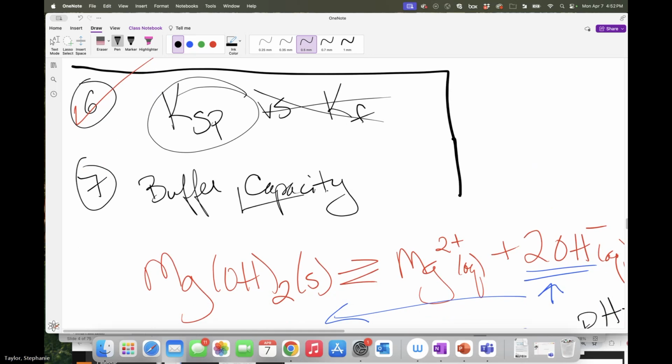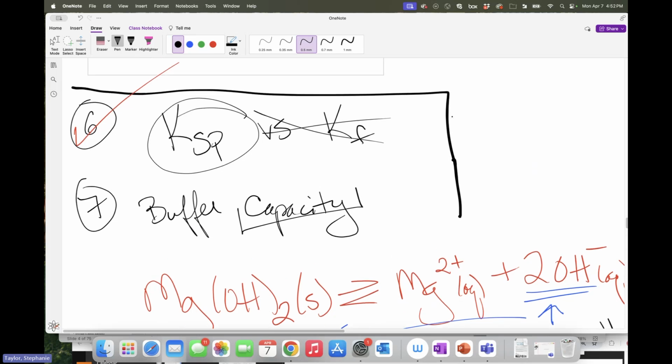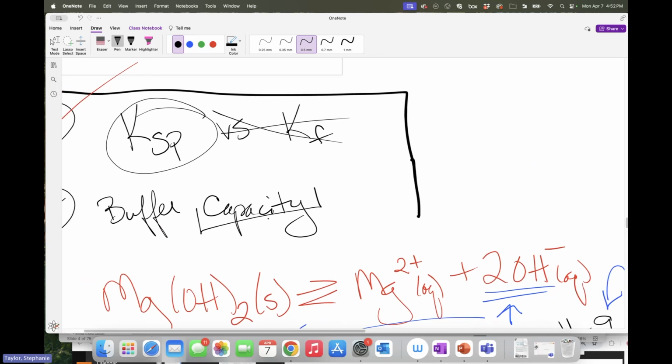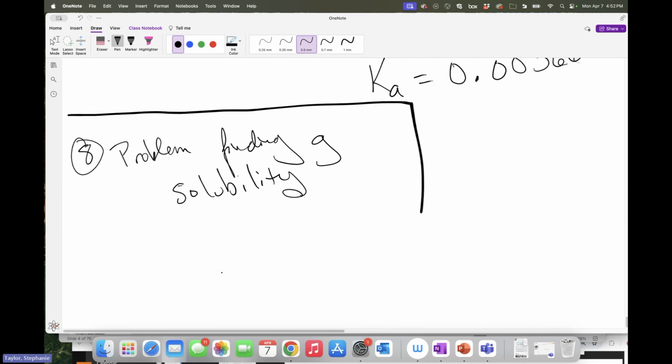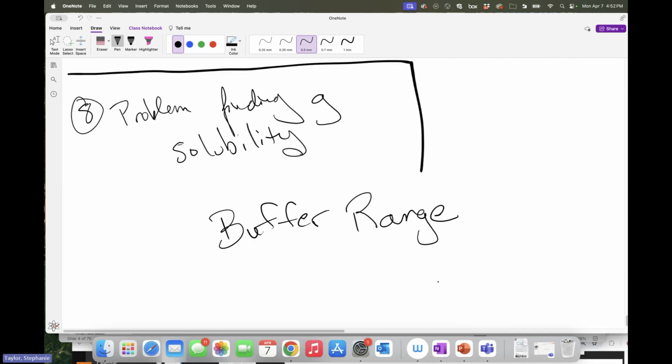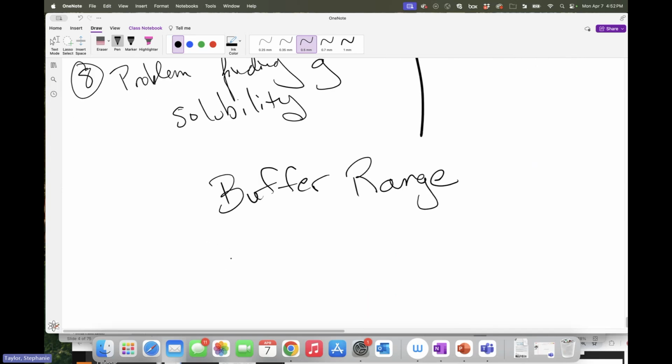So buffer capacity. First of all, whenever you say buffer, there are two different things: buffer range and buffer capacity. The question that you did not ask, and I recognize you didn't ask it, is buffer range. Buffer range is the idea that you're looking for a pH that is pKa plus or minus 1.